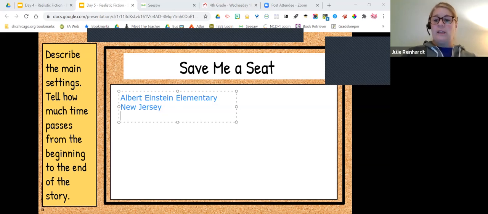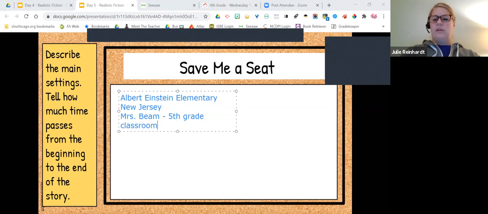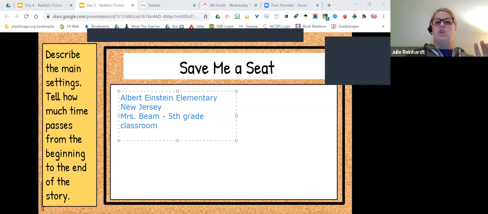Maybe somewhere within the elementary school. I know one place. I know it's in Mrs. Beam's room. That's their 5th grade classroom. And where do Joe and Ravi kind of have an encounter where they're at the same location, but they don't talk to each other?